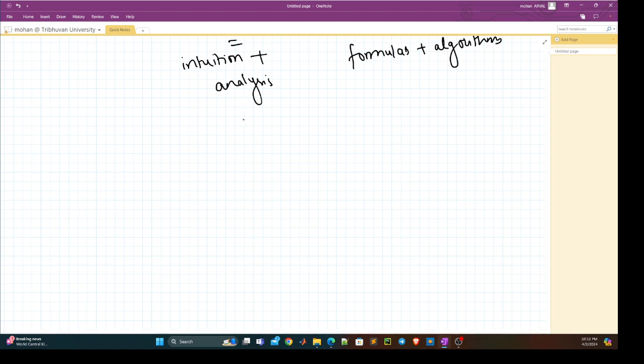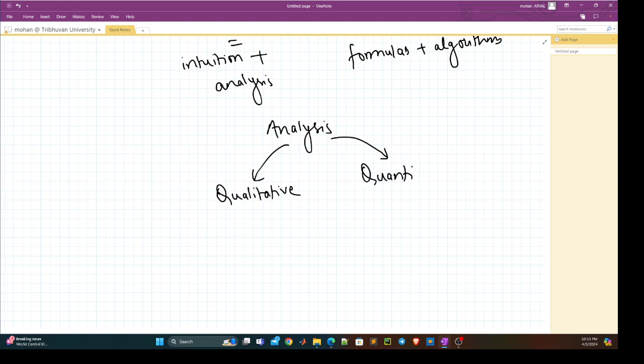But in analysis we are also going to look into two aspects of it. First one is qualitative, and the second one is going to be quantitative.